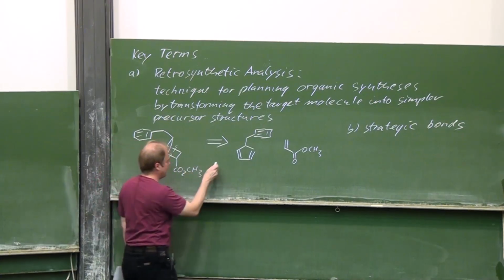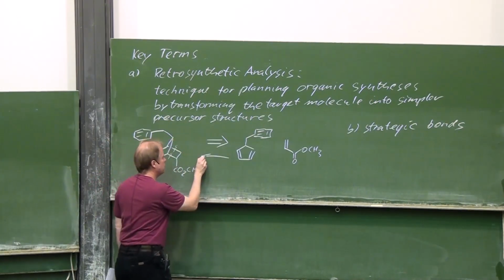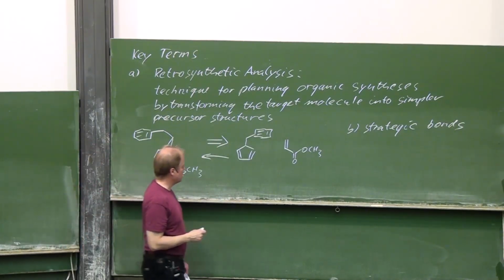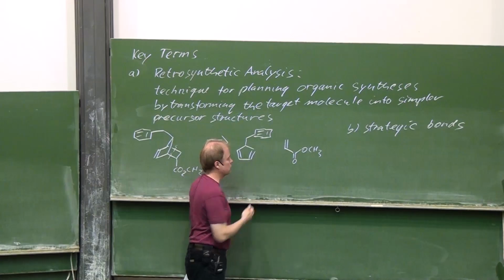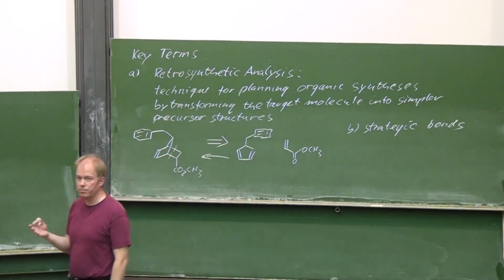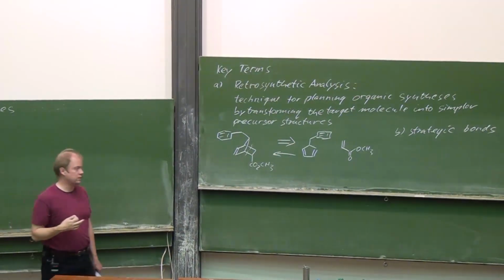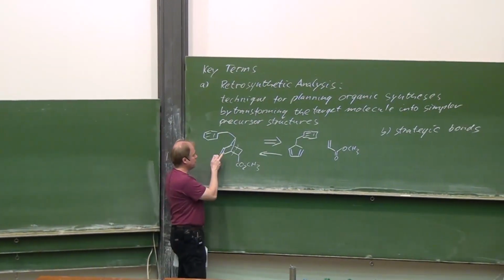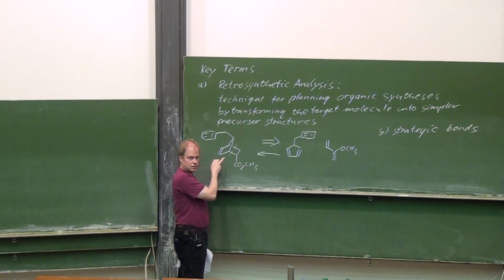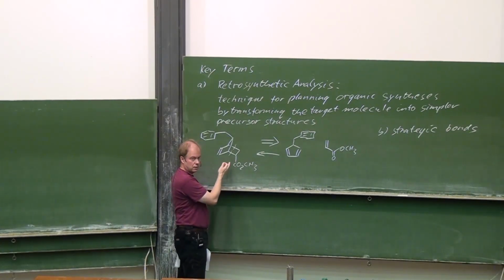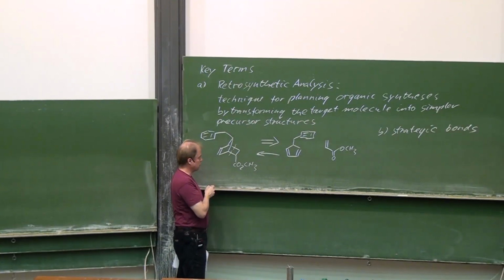And on the other hand, yes, we know a method to form that bond because, well, simply these two structures as compounds, as reagents, would react in a Diels-Alder reaction and will give this product predominantly. As you know, this is a Diels-Alder product with an endo orientation of the ester functionality.